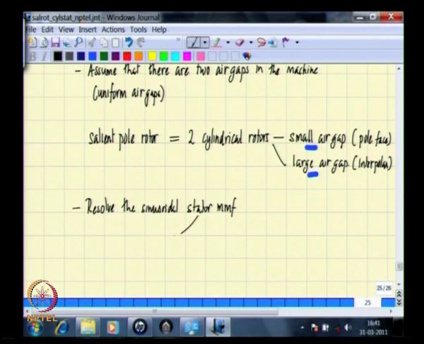We now resolve this into two parts, one of which is oriented along the pole face, another which is oriented along the interpolar region.